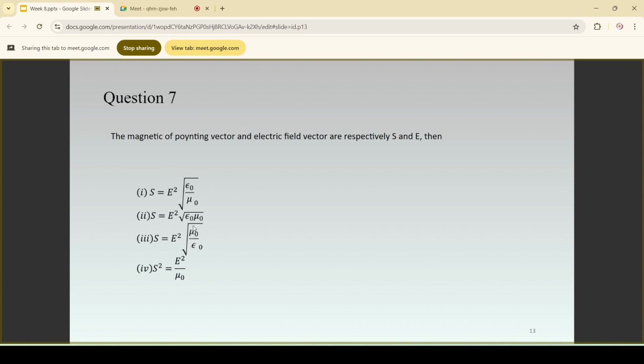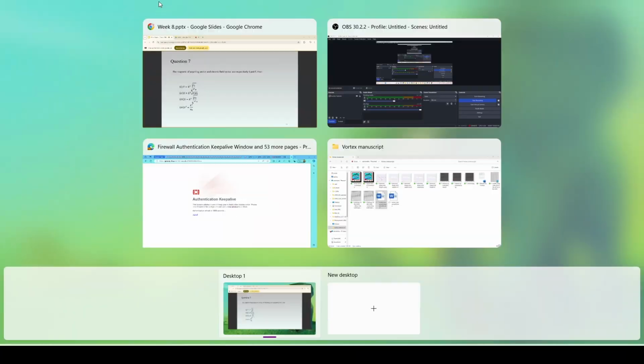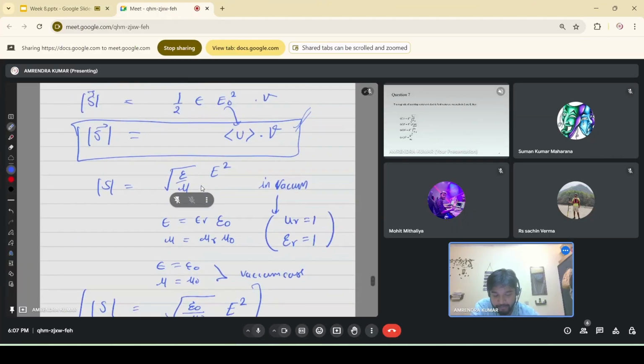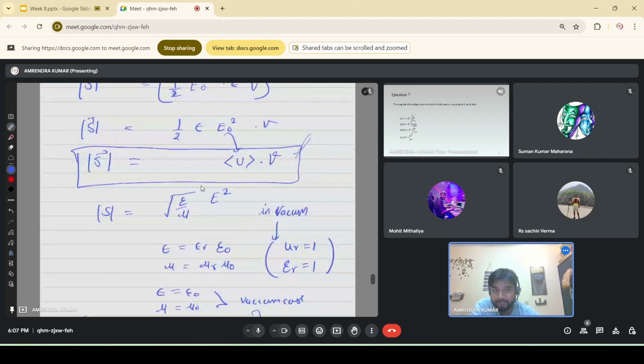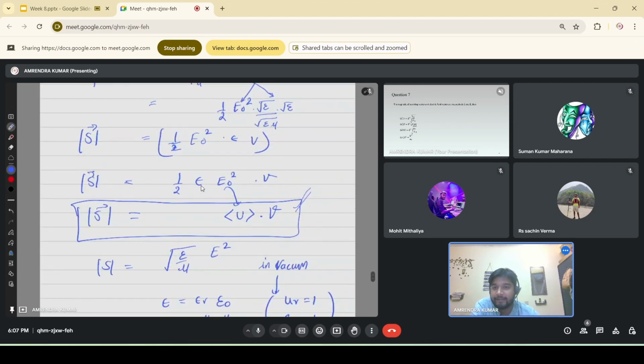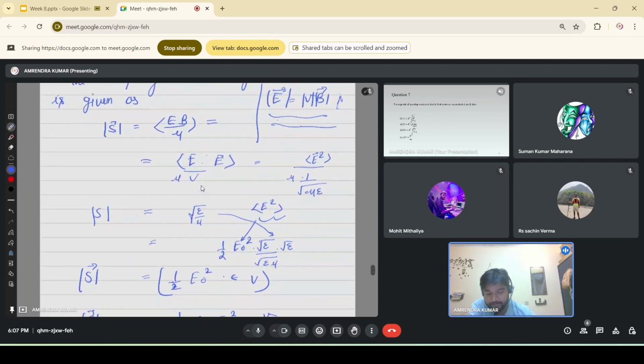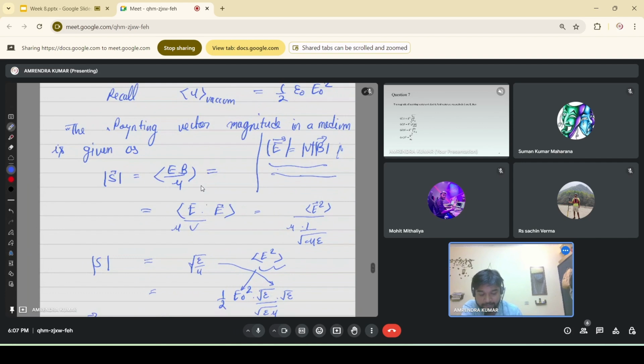Because we have seen that S is equal to, from the very first, this was the energy density.